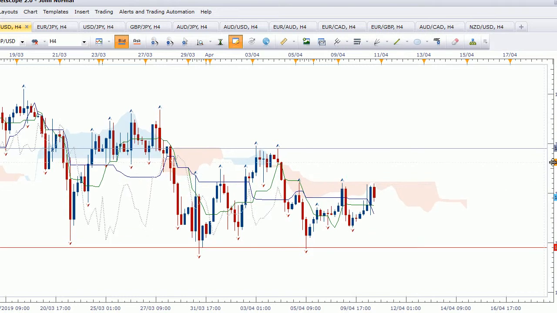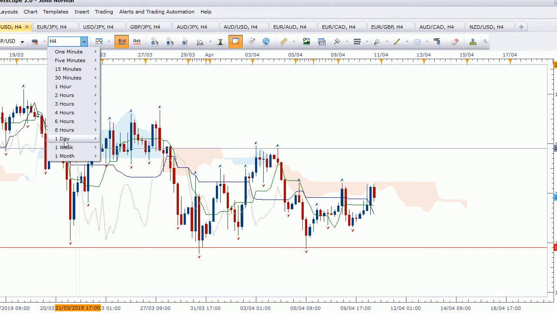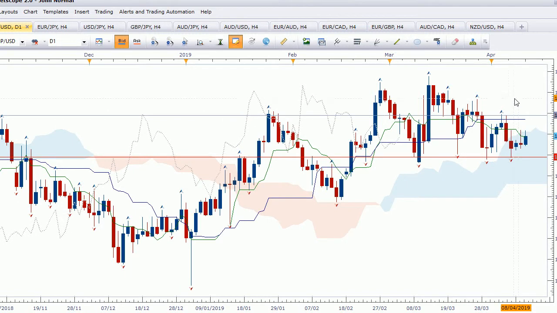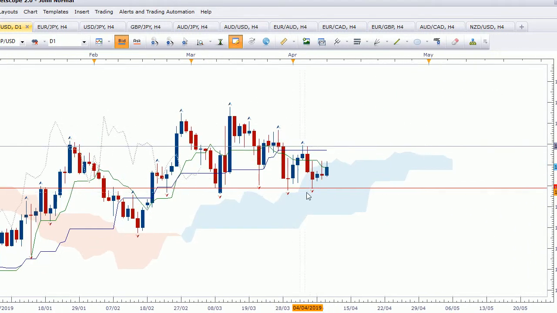So we'll move on to the next one, Euro Yen. I could go to the 1 hour or the daily here. The reason I've dropped down to the 4 hour is because it's very quiet, and if you put a line down there, you've got sort of a descending triangle.